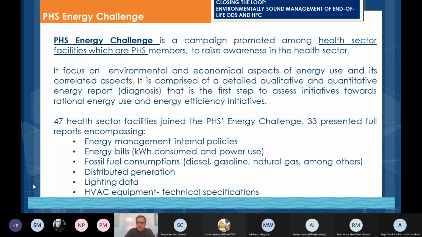This is an excellent mark since the process is very demanding in collecting detailed information like energy management, internal policies, energy bills, fossil fuel consumption, in situ generation, lighting, etc. Detailed HVAC infrastructure specification was very stressed in this challenge. So let's look at some findings from the analyzed data. Next, please.